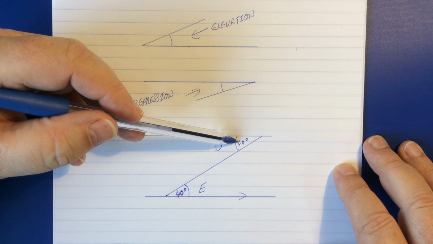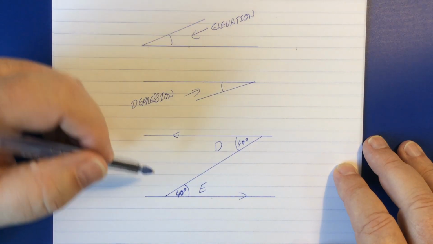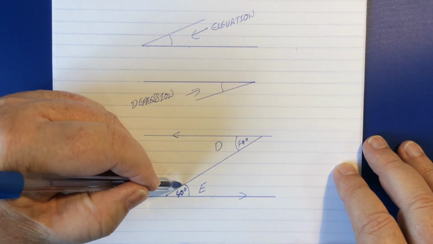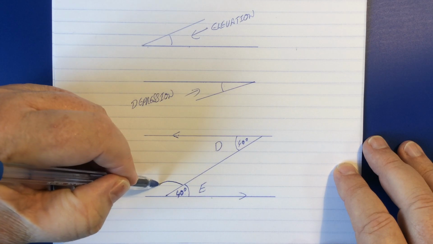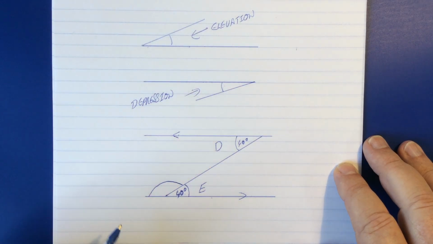Now, there's at least one other thing to note. If we go looking for this angle here, there's a rule that says that the angles on a straight line, so this is a straight line here, this angle and this angle must add up to 180 degrees.